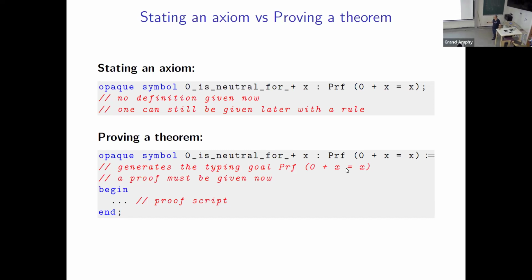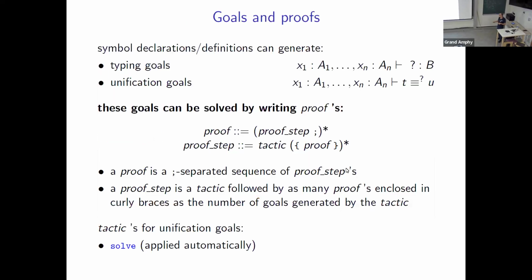And so proving this is just giving a definition, which means providing a lambda term that has this type. For doing this, you can use the axioms that I mentioned before, like induction, reflexivity, and so on. And to help with this, and not write lambda terms only, we provide a tactic language.